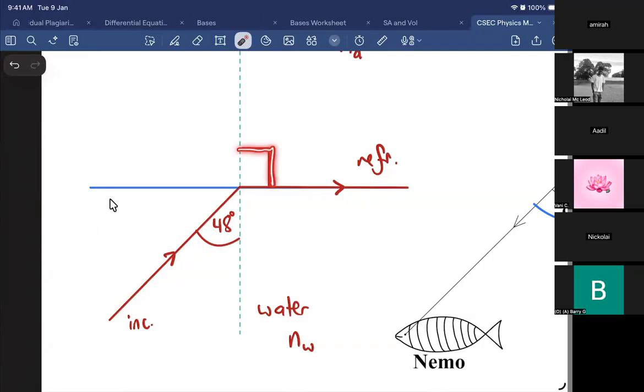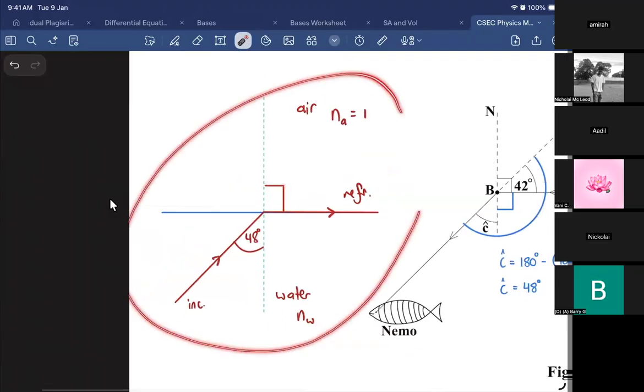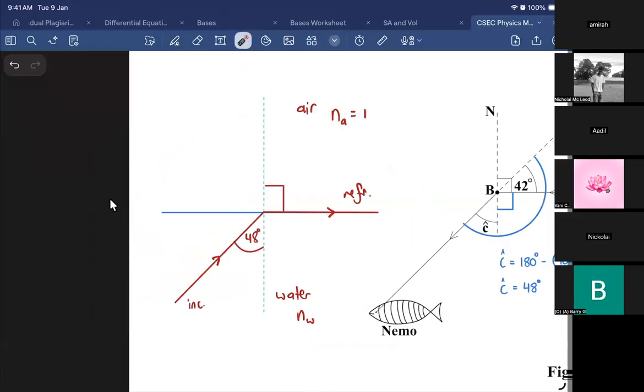You understand the diagram now? Yes, sir. So everybody in class, if the critical angle is 48 degrees, then what does the angle of refraction have to be? Ninety degrees. Now, Amira, at the critical angle, what's the angle of refraction?